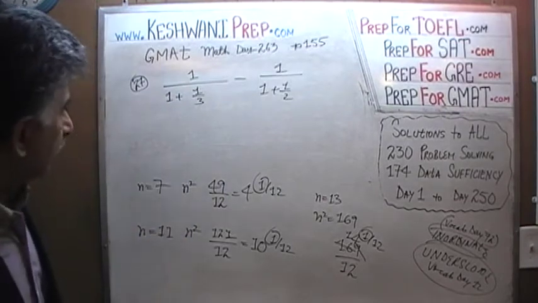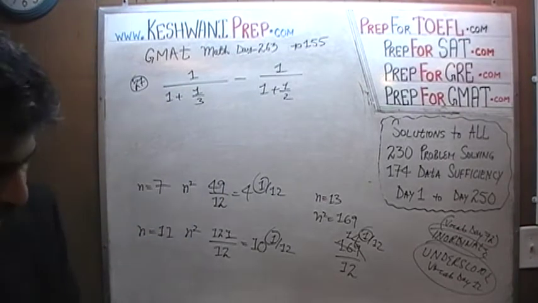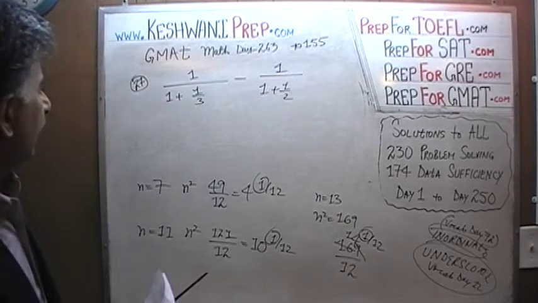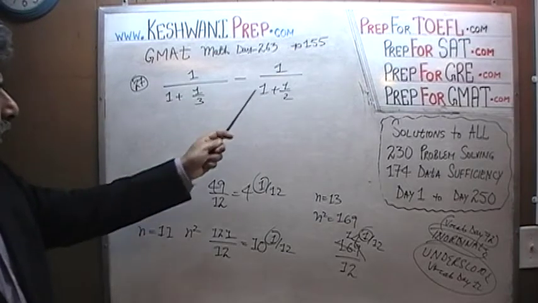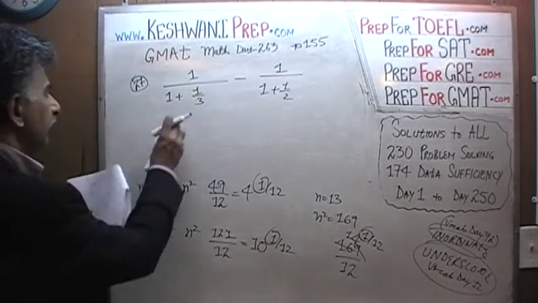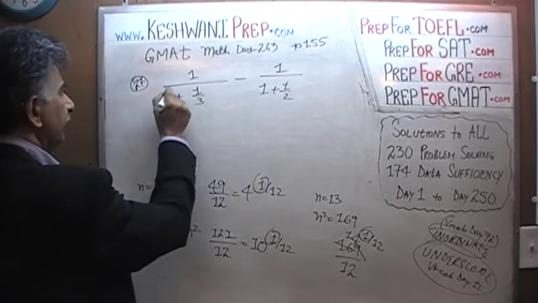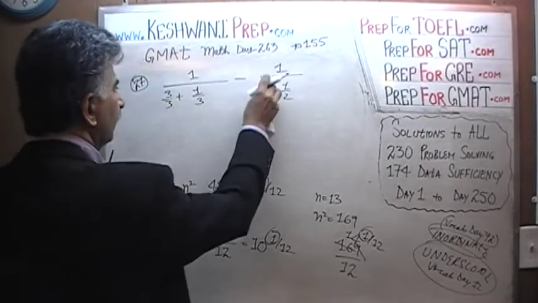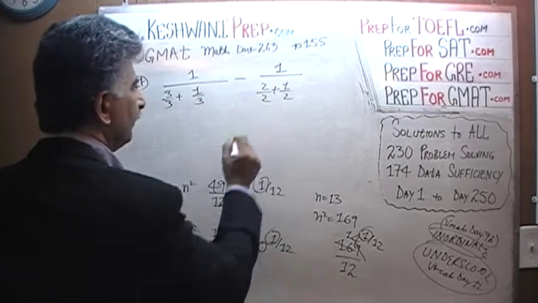Well, first thing first, we can write this one as 3/3. Let's write this one as 2/2 so that we have the common denominator.